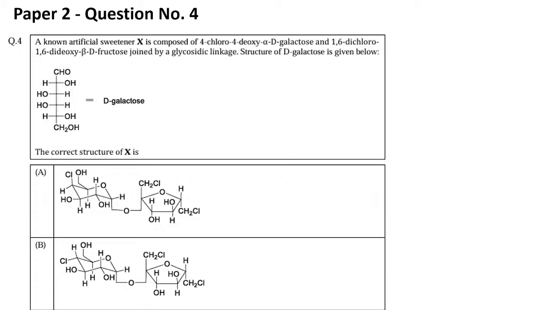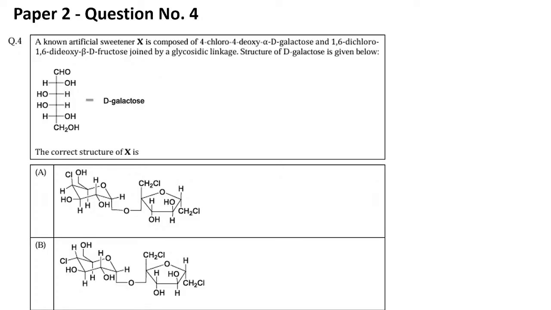Structure of D galactose is given. First of all, if you observe the D galactose structure, at the fourth carbon the configuration is opposite as compared to glucose. So first, only the D galactose structure is given in the question.